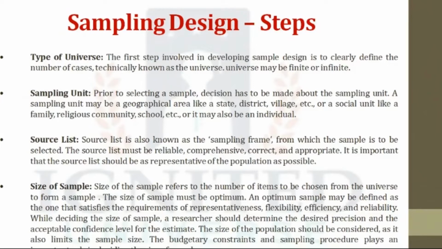The decision to the sampling unit must be made prior to selecting a sample. Source list is also known as sampling frame in designing sample. Then size of sample refers to the number of items to be chosen from the universe to form a sample.